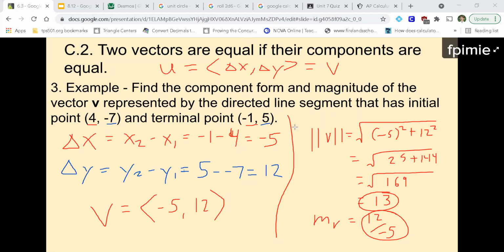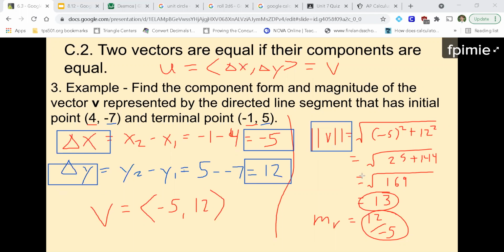If you were doing this and you just said the change in x is -5, change in y is 12, which means the magnitude is this, which is 13, I'm doing a few more steps in between than you would really need to do for your homework, quiz, or test.